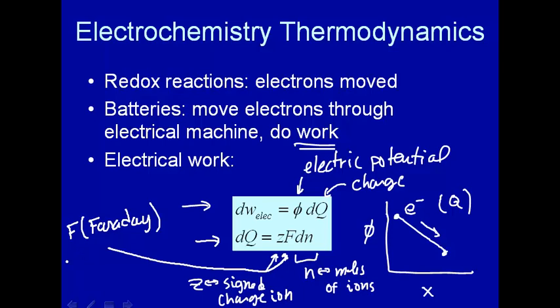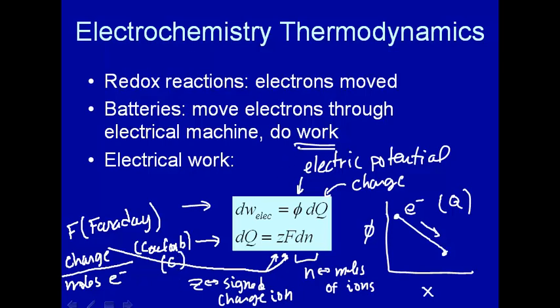The Faraday gives you the proportionality constant between charge and moles of electrons. All right, so there's a conversion factor. So if you take the number of moles of ions, multiplied by the charge on the ions, multiplied by the Faraday, then you get the total charge that you're now going to move through an electric potential. And the unit of charge is a coulomb, abbreviated C.